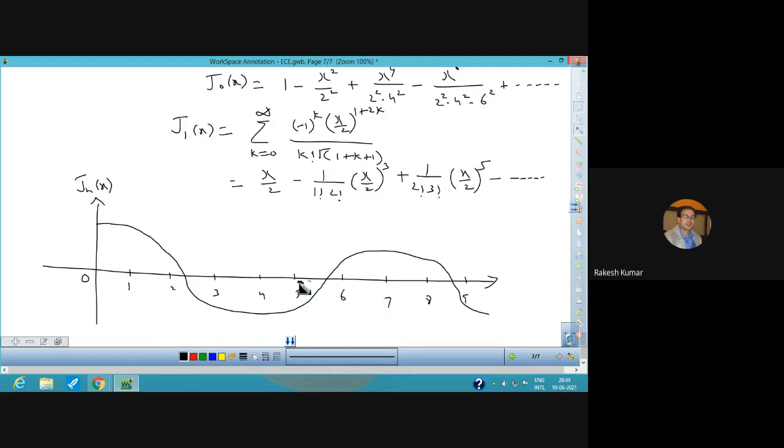This is the graph for J naught X, and your graph for J1X will be passing through 4, pass through 7. This is just like J1X. So these are the graphs of J0X and J1X.